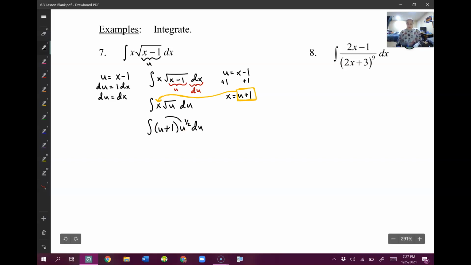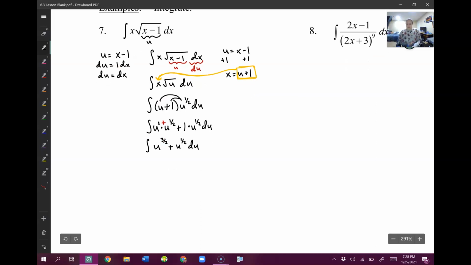So what I'm going to do is distribute this u to the 1/2. So I get u times u to the 1/2 plus 1 times u to the 1/2 du. And if you remember, anytime we multiply, that means we add our exponents. So this is really going to be u to the 3/2 plus u to the 1/2. And now this is a power rule.